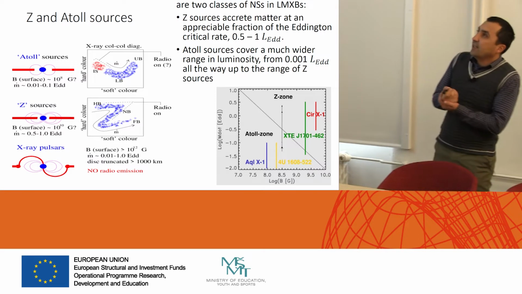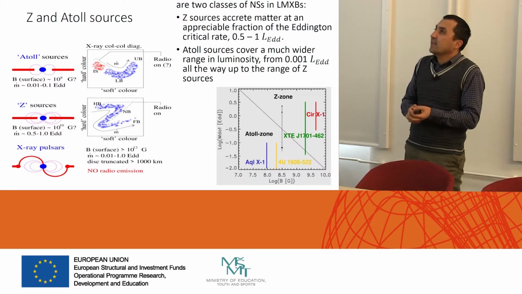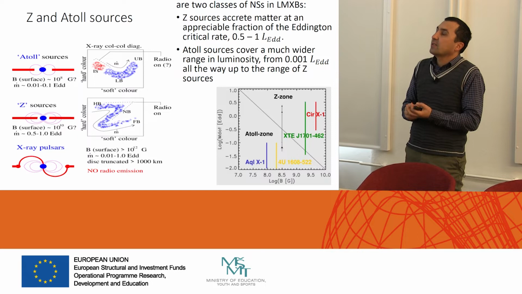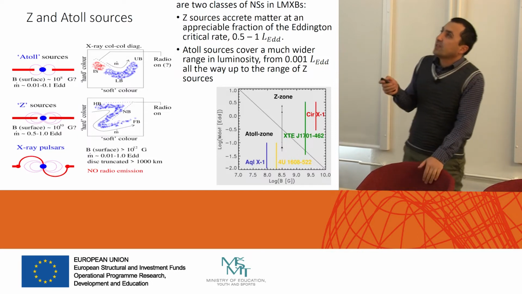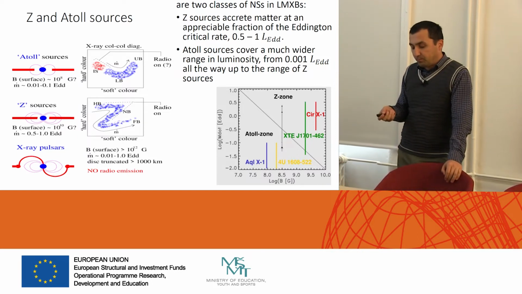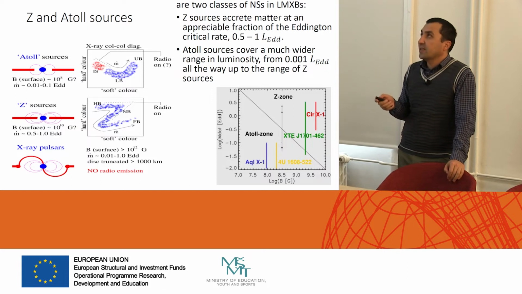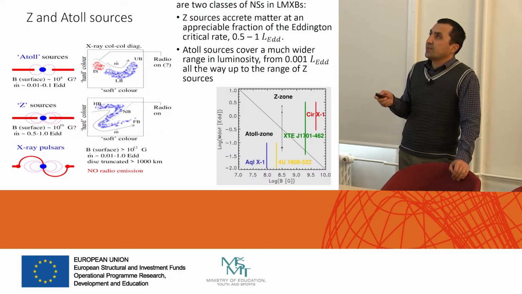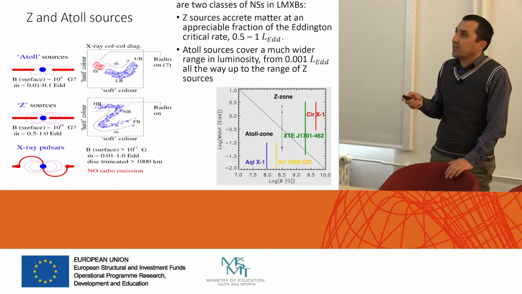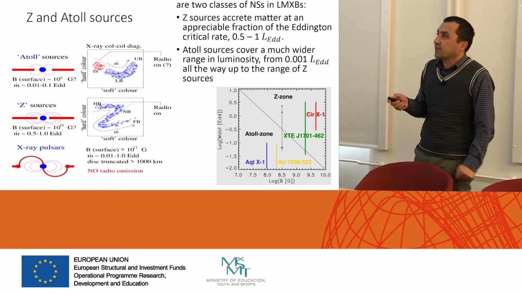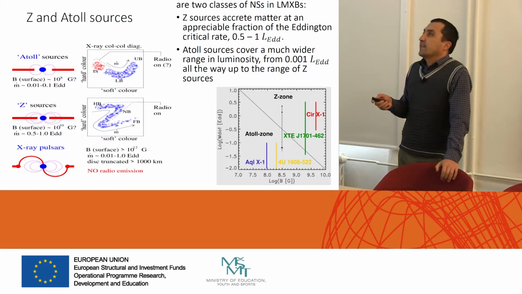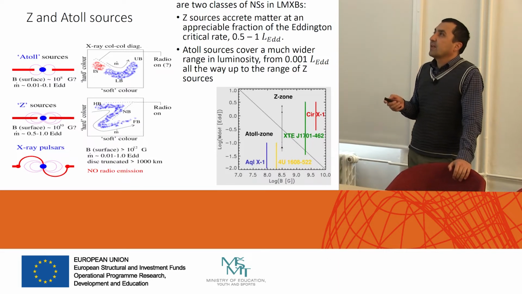So here I will talk about the QPO sources in the Z and the atoll sources. Z sources, atoll sources, we know this hard-soft color diagram, and these sources are observed in this diagram.